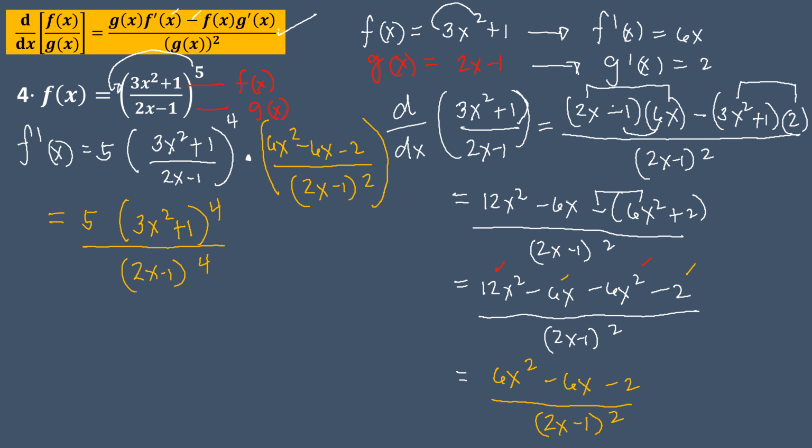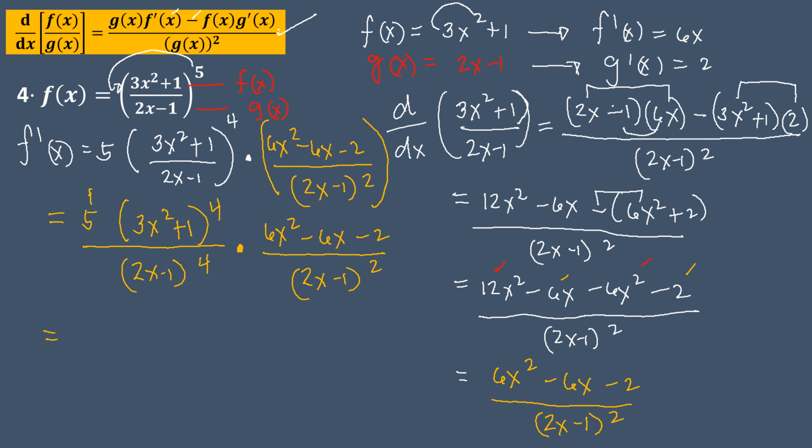They are just of the same concept. And then times, we will also have this (6x^2 - 6x - 2) over (2x - 1)^2.